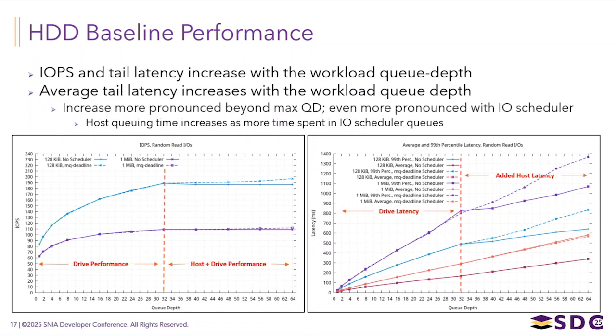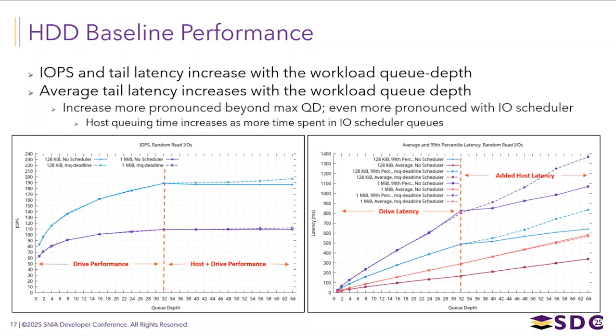That's why, if you look at the right side plot, which is the latency, the left side being the IOPs, you don't see much increase going beyond 32 queue depth for the IOPs because you're already maxing out the drive.